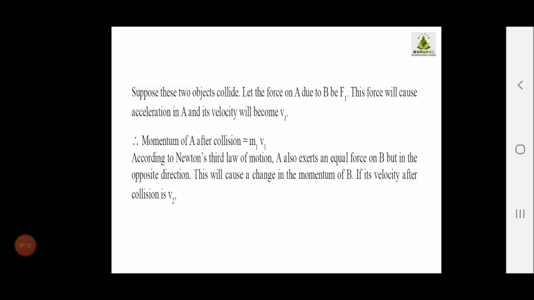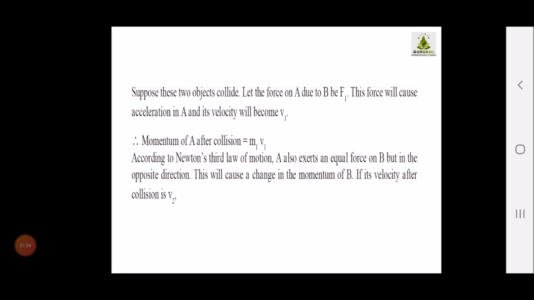Let the force on A due to B be F1. This force will cause acceleration and its velocity will become v1. So what will be the momentum after collision? After the collision, the momentum of A will be m1 v1.